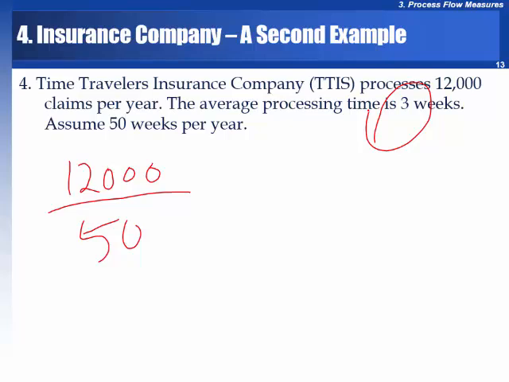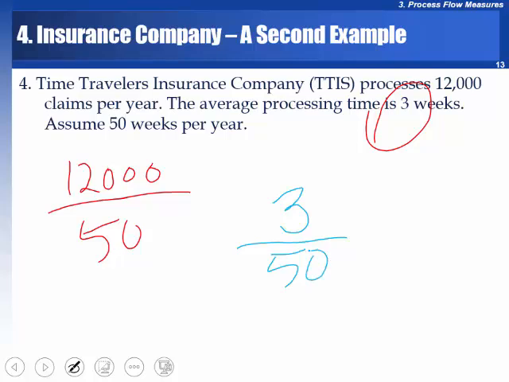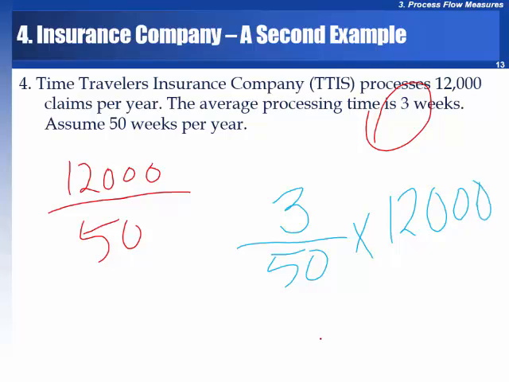I can write it like this and transform throughput into weeks, or alternatively, I could have 3 divided by 50 and transform 3 weeks into a year. Therefore, I can do this and then multiply it by 12,000, or I can do this and multiply it by 3.